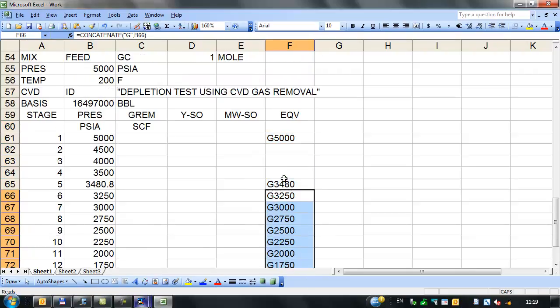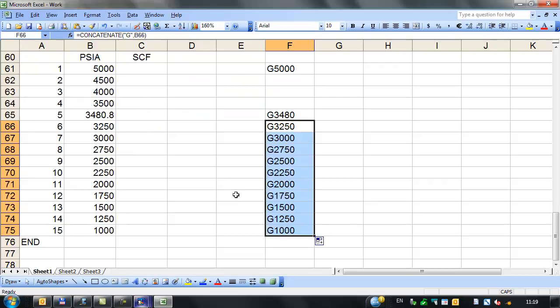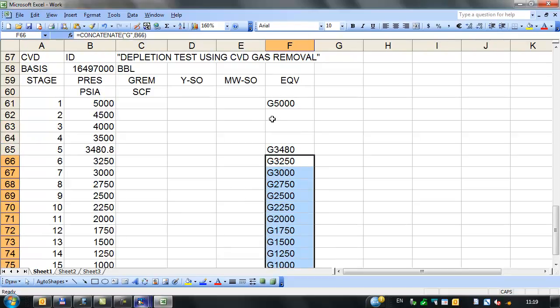And then for each one of these, we have to extract out only the surface oil part by the split factors and take the resulting feed oil to get its density.